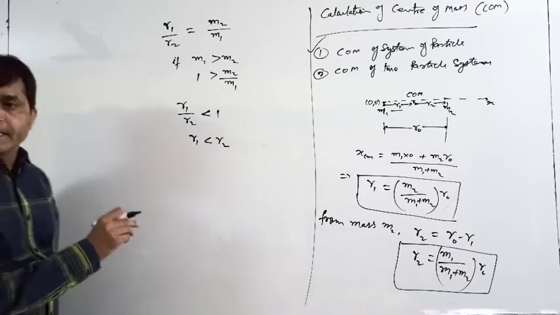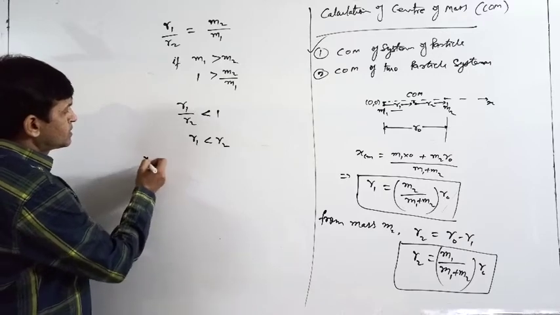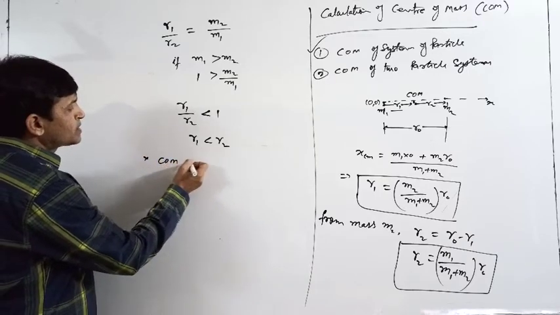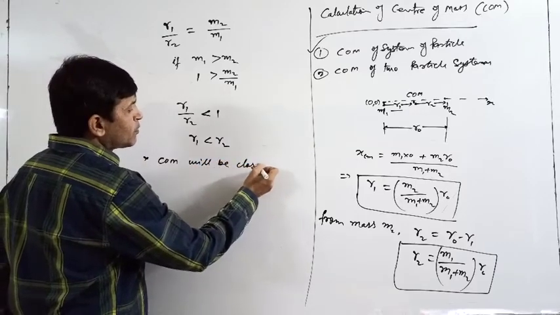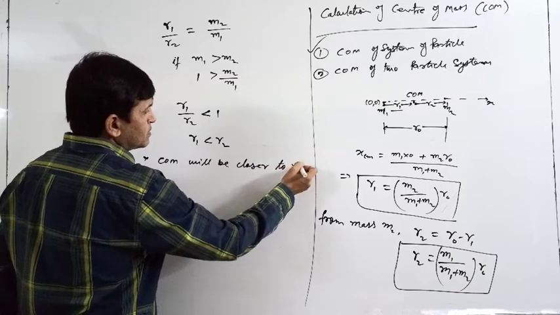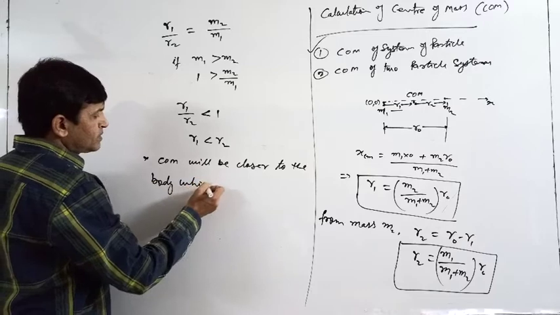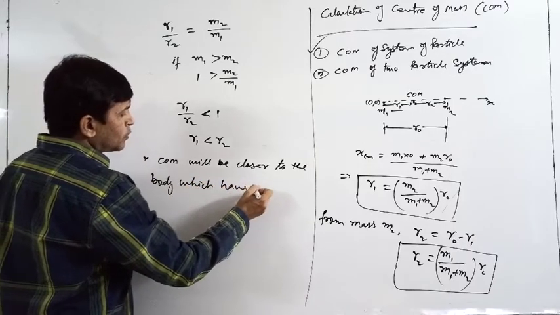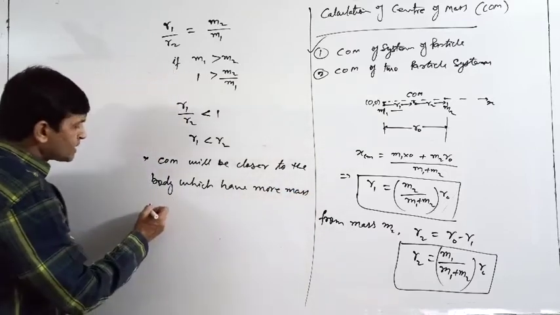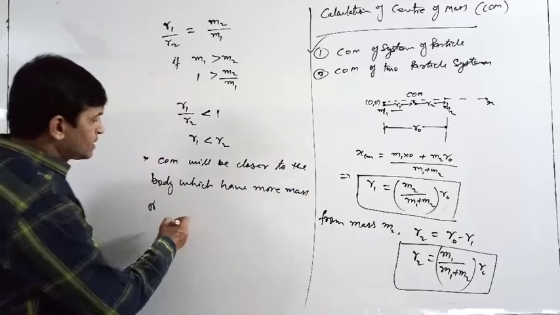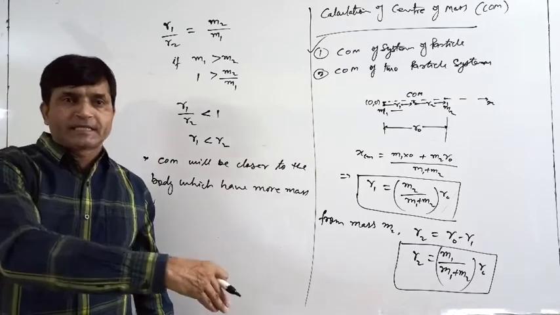Okay, getting the idea? So we can write this point here. Note: center of mass will be closer to the body which has more mass. Or we can say that if mass is more, the center of mass position will be less.